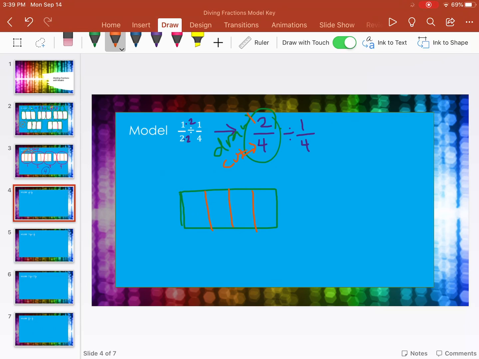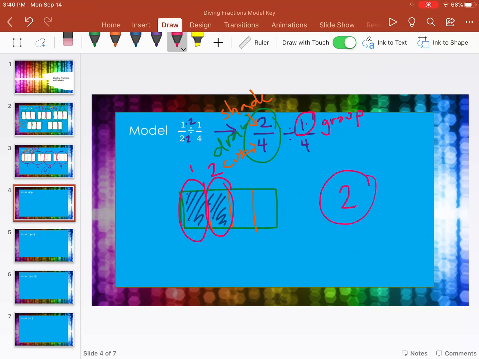Now that it's not a whole number, this is what I shade, because this is how many pieces I actually have. So I have 1, 2 of these 4 pieces. I have 2/4. Now I group by the top of this number, so every 1 piece is a group. So 1, 2. So 1/2 divided by 1/4 equals 2.